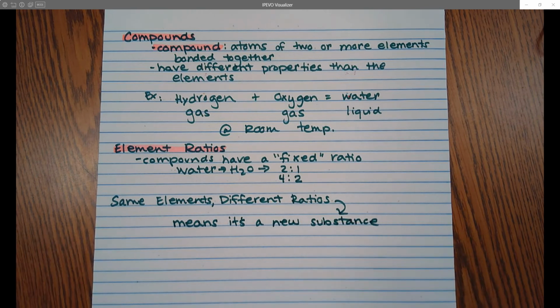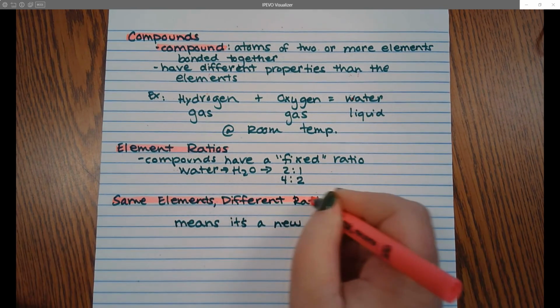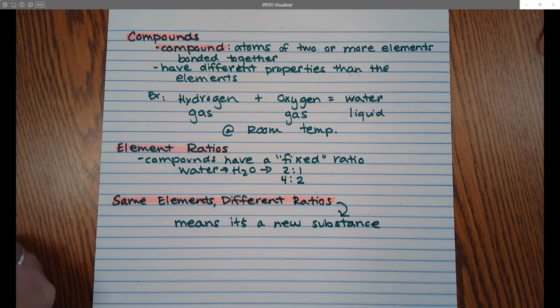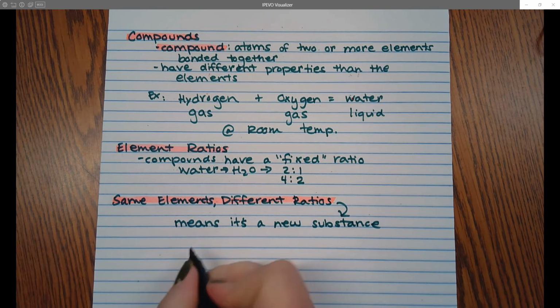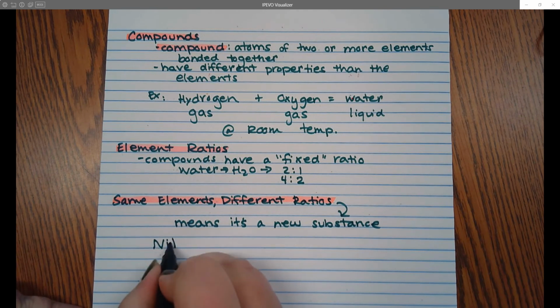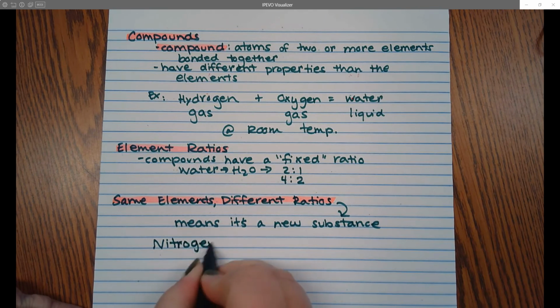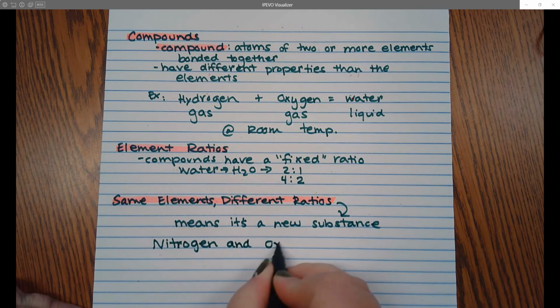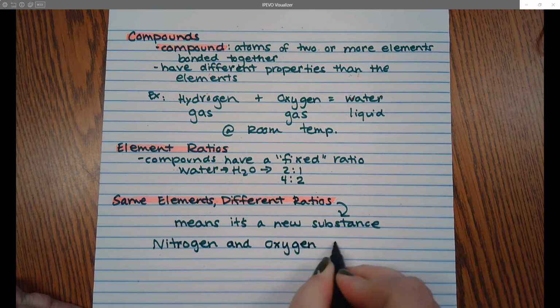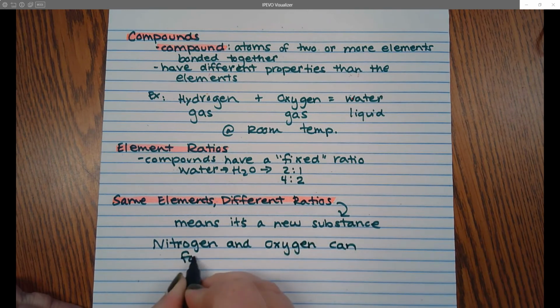So this same elements, different ratios is actually a new heading in the text. But for example, nitrogen and oxygen can form 6 different compounds.